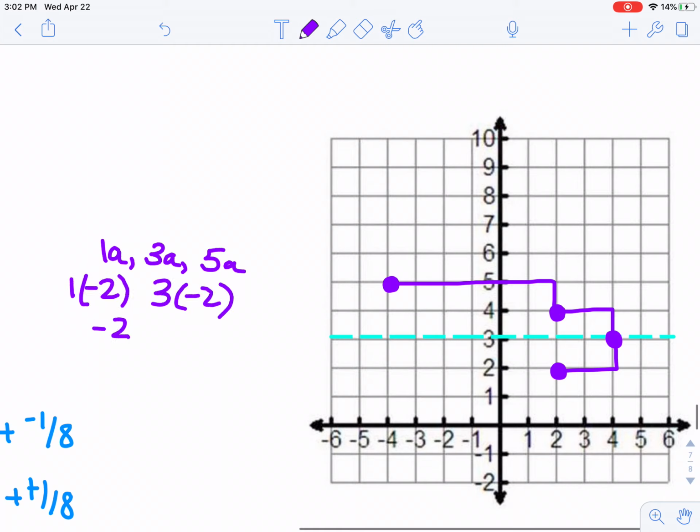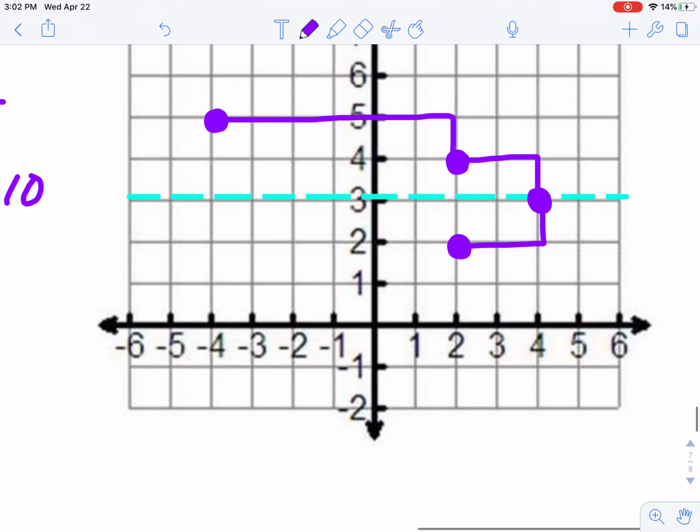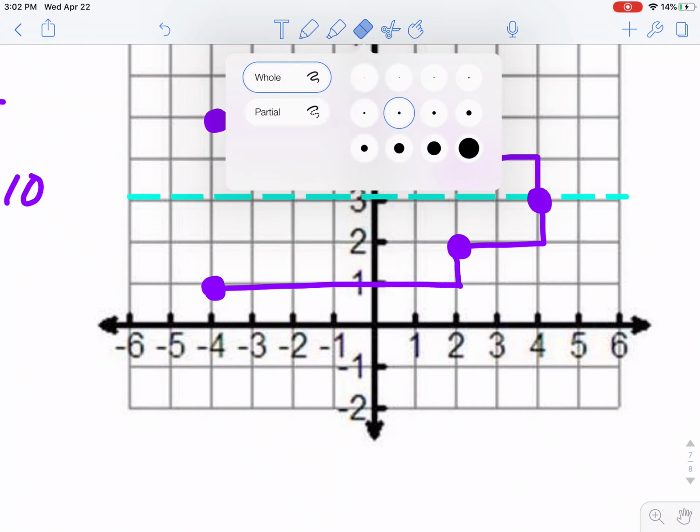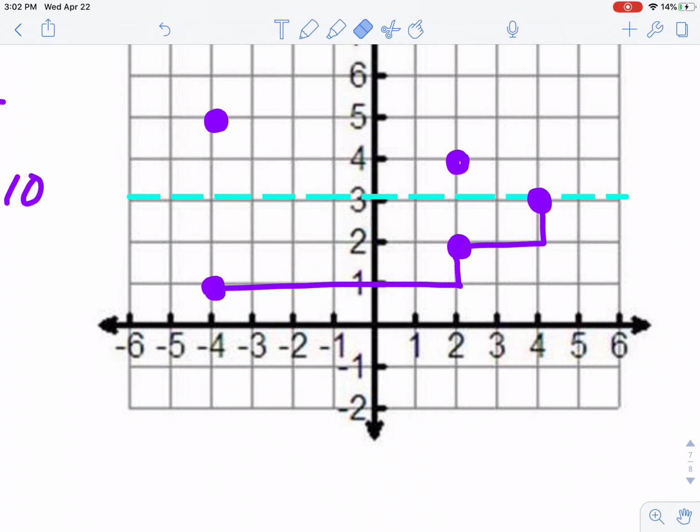So that's going to go left 2, left 6, left 10. Obviously, that left 10 won't fit. So then this will be mirrored. And we have our beautiful left-facing parabola.